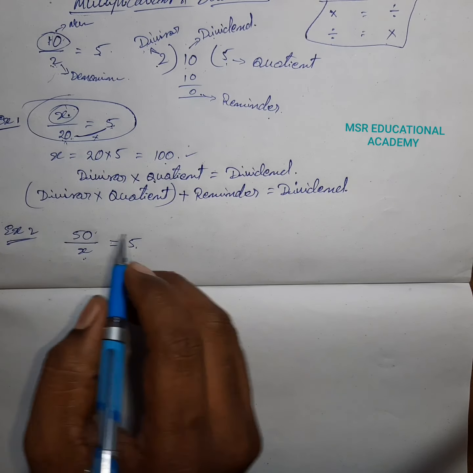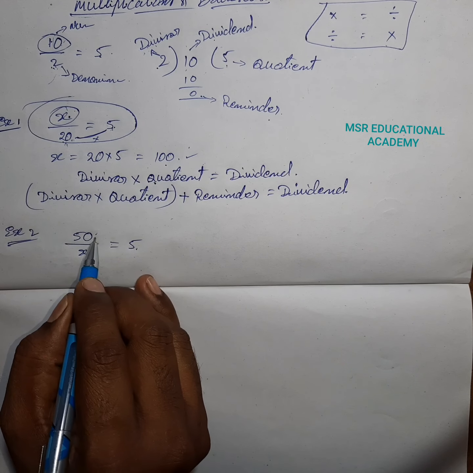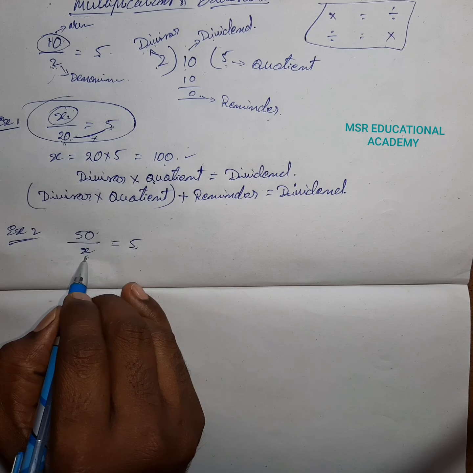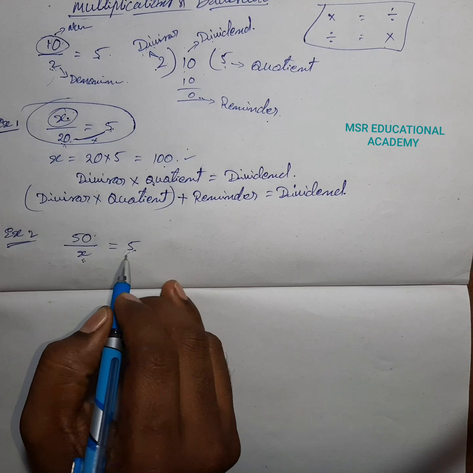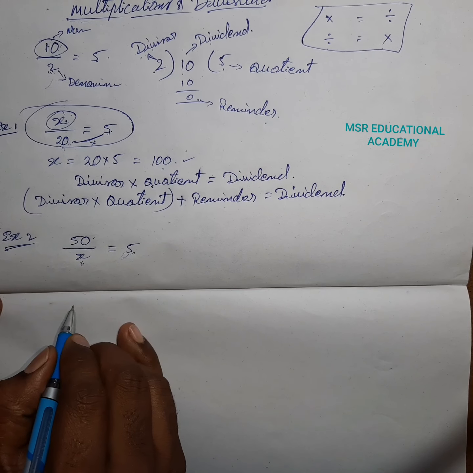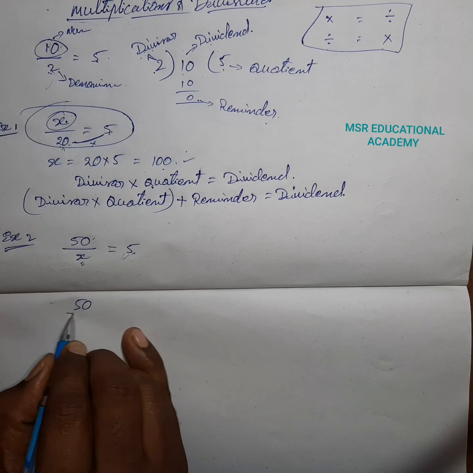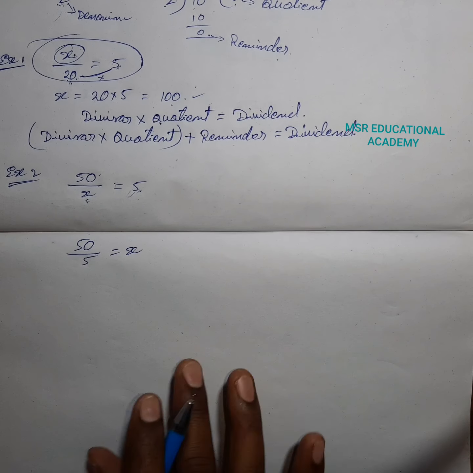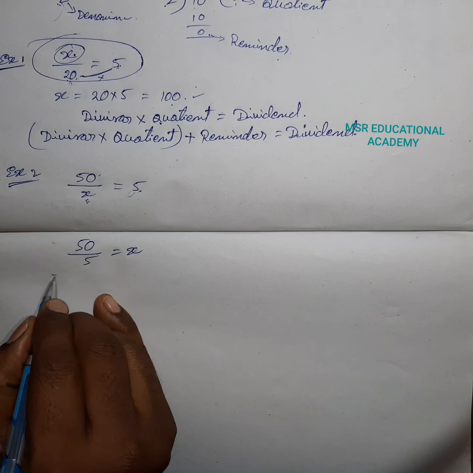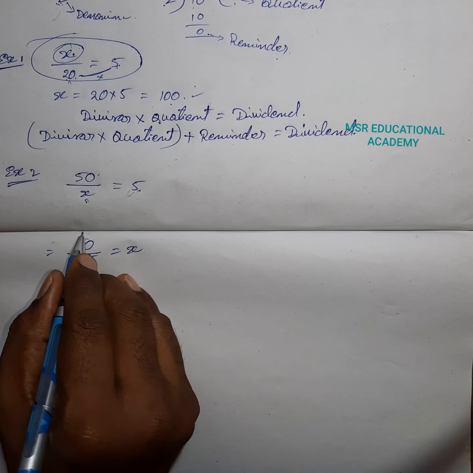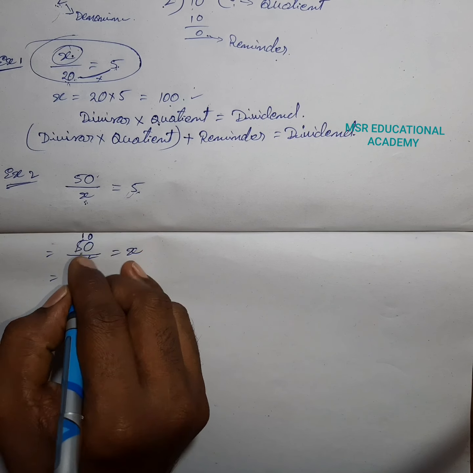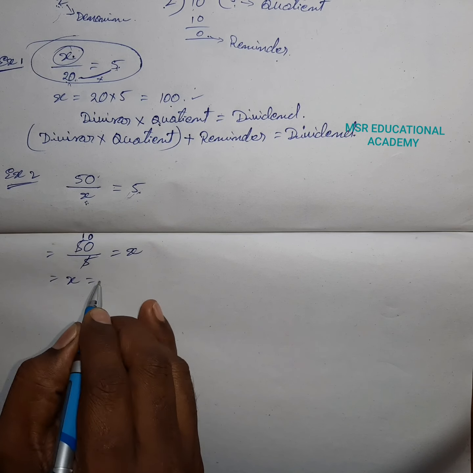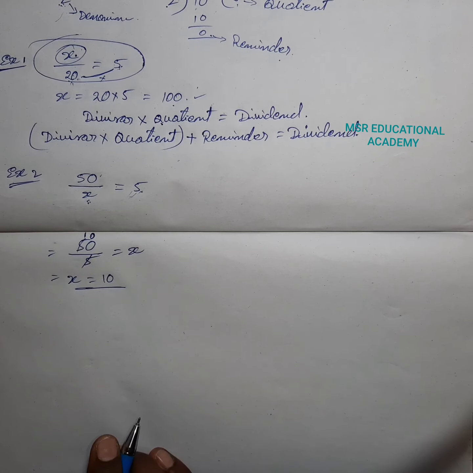Whenever you don't know the denominator value, we should exchange the quotient and the denominator. So 50 divided by 5 equal to x. 5 tens are 50, so finally x equal to 10. Like this we can compute the value.